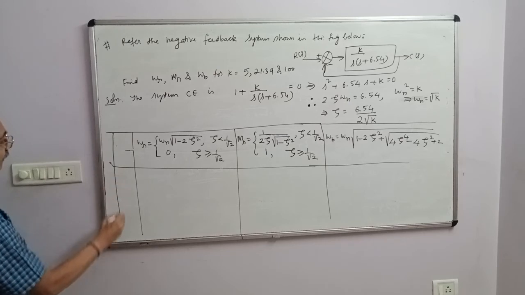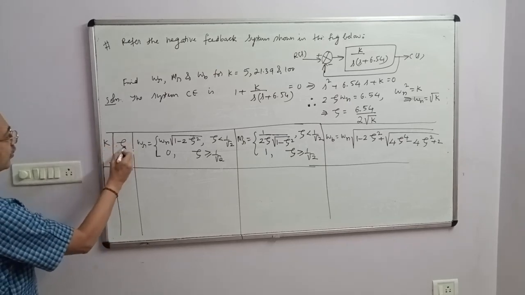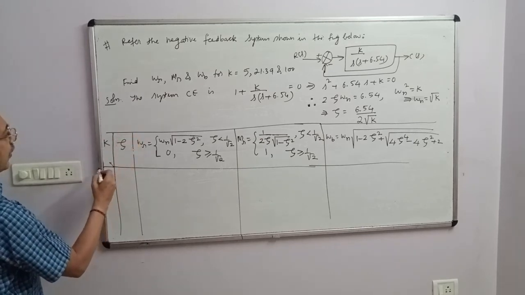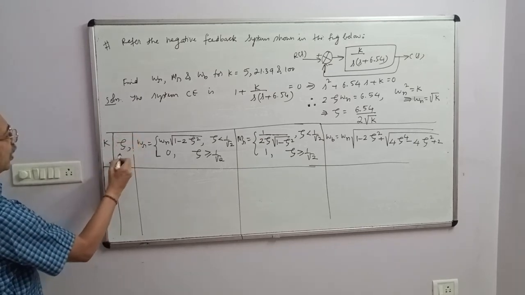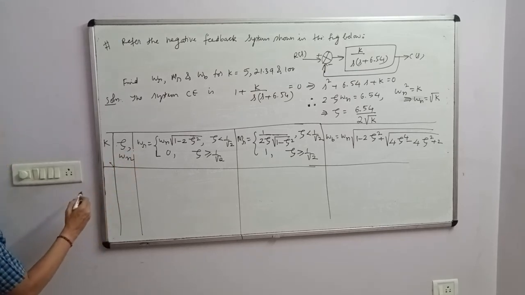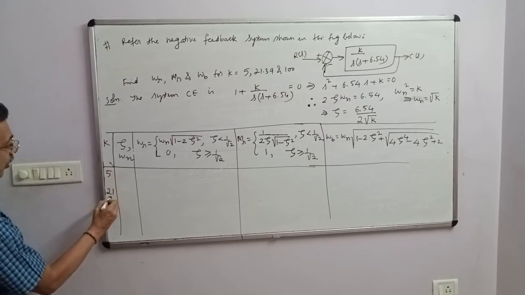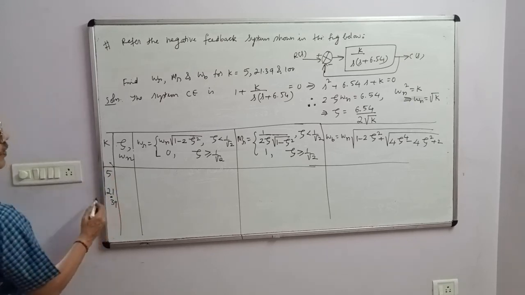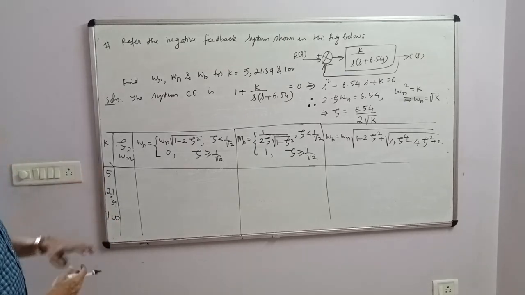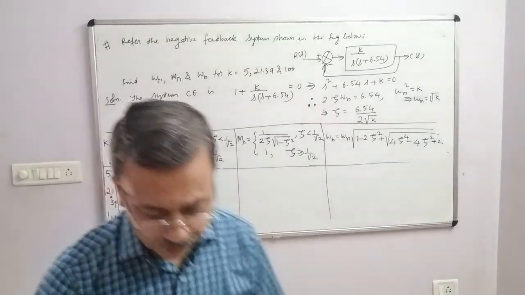Here this is k, this is zeta comma omega n. For each value of k, find zeta and omega n. Use these expressions and get the answer.